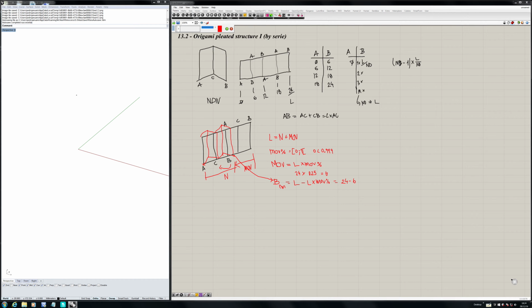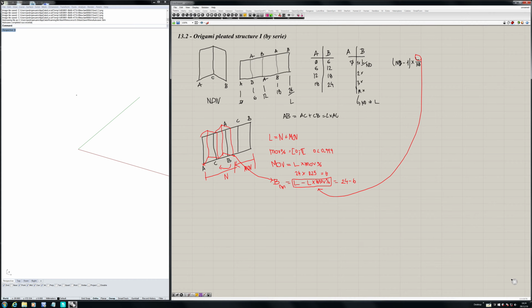Now, as I have here two pairs, A, B and B, C, what I'm going to do is this one is going to be replaced by this formula. And like this, I can know the position of all AB and CB.